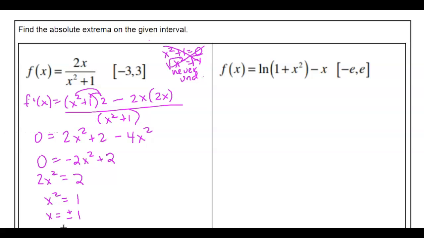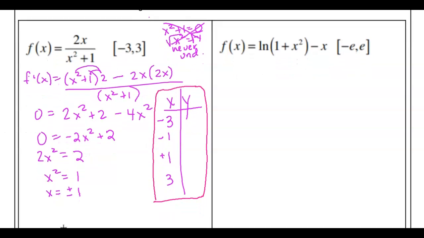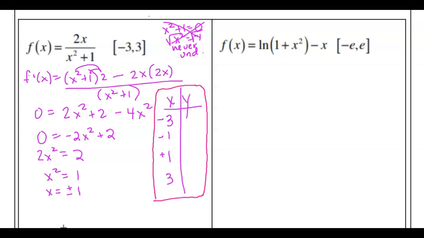We're going from -3 to +3. So both of these answers should be on our table for our critical values. So I use my endpoints and my critical values. Make a box here because the purple kind of gets lost, huh? Okay. And so remember, we're finding the y values and we want to plug it into the original.